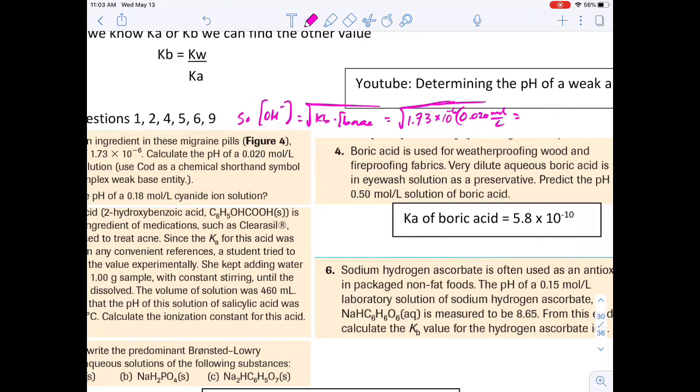So what I get is a hydroxide ion concentration of 1.84 times 10 to the negative 4 mole per liter.